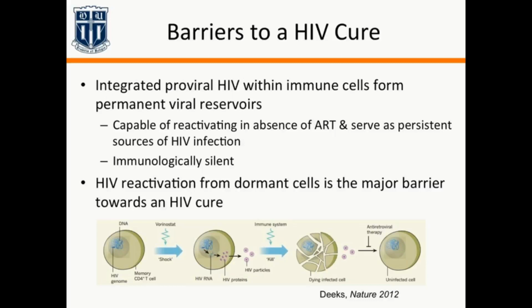But that also represents a problem because we can't study them, because we have no way to tag them and to isolate them and to study them either in bulk population or at the single cell level. So one of the barriers to this cure is how do we try to wake these cells up from their latency to where the immune system can recognize them and destroy them.